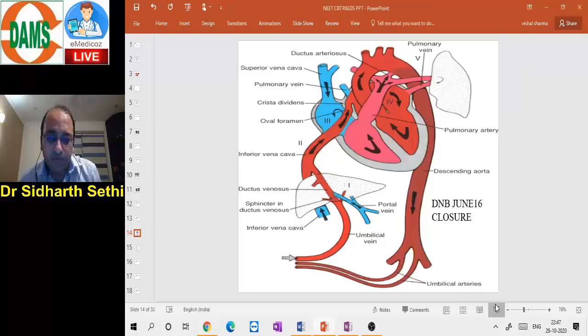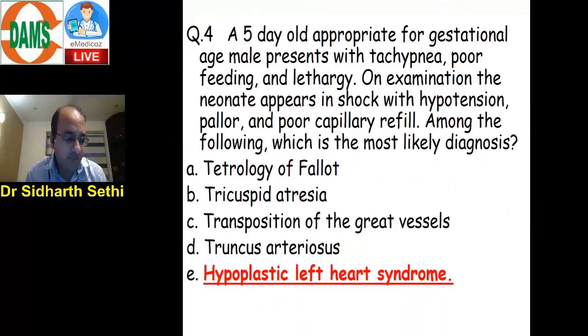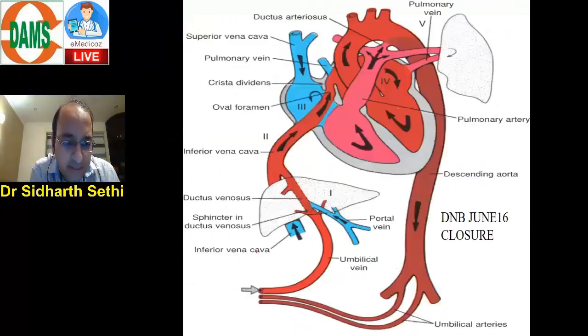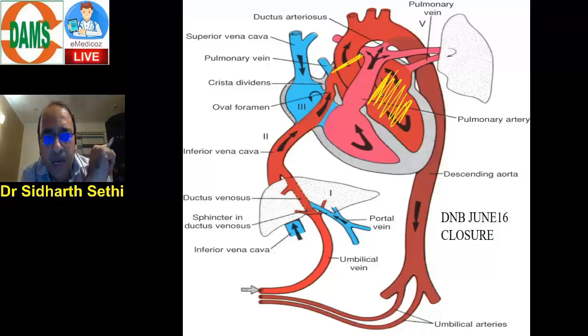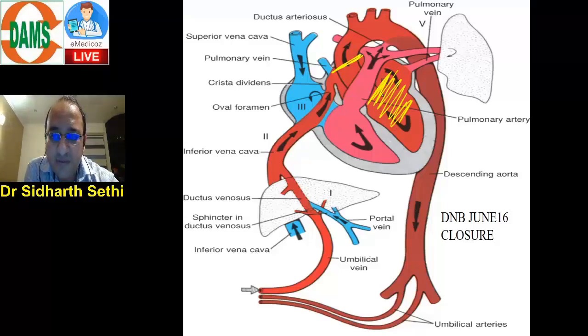Now what will happen, all of you? Now before birth, everything was fine. There was ductus arteriosus, everything was going on fine. Now he's born, all of you. Now how will his blood go to the systemic circulation?